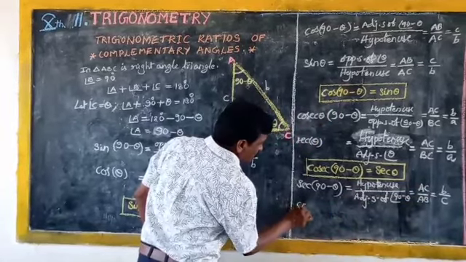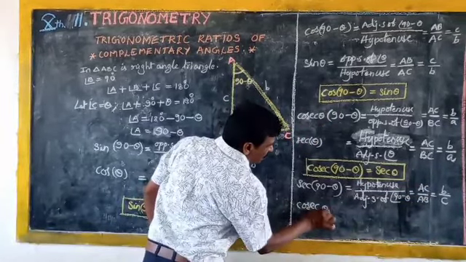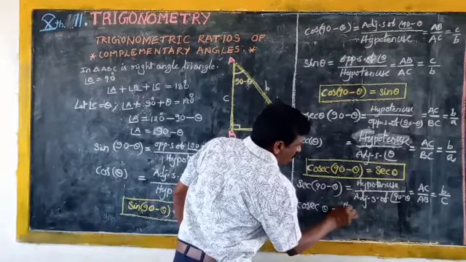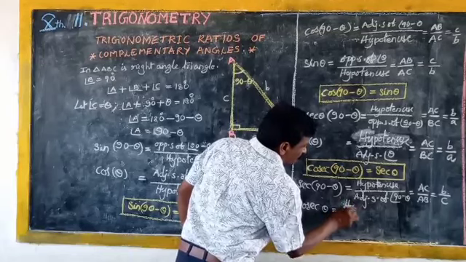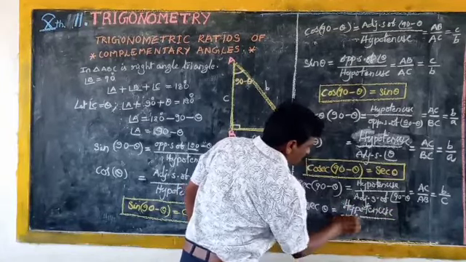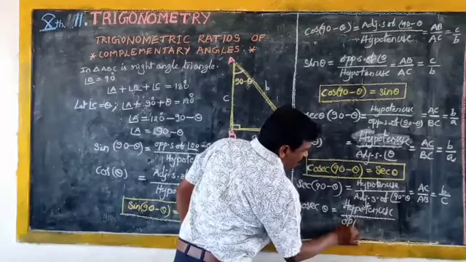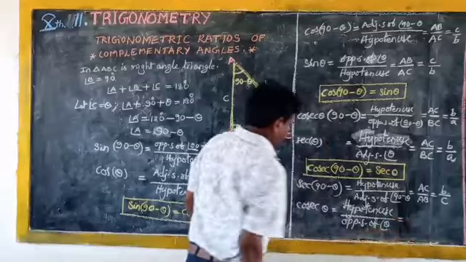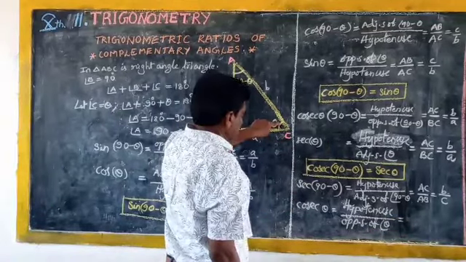As well as cosecant theta, which is hypotenuse by opposite side of angle theta.